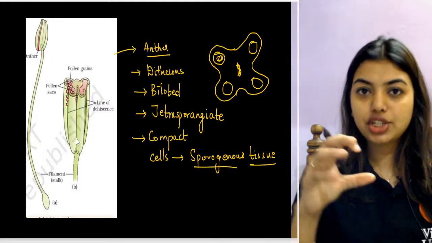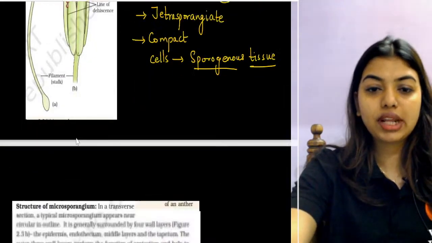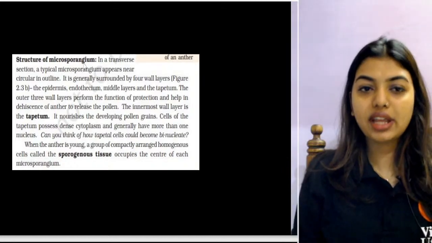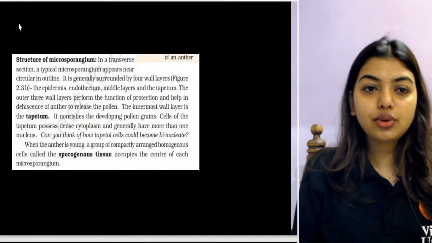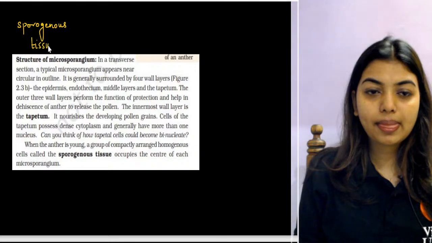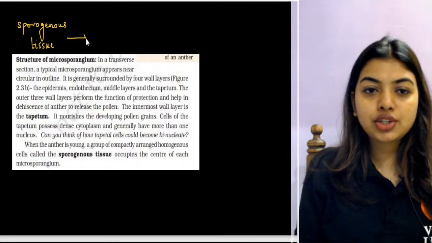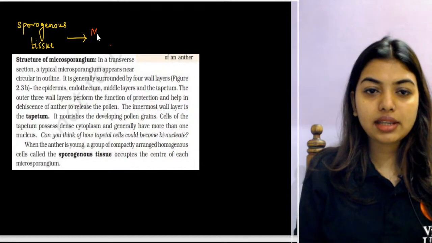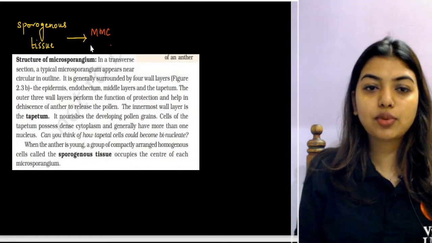Sporogenous tissue. Like I told you yesterday, we saw about the different types of layers of it. Now this sporogenous tissue can form the MMC, that is the microspore mother cell.